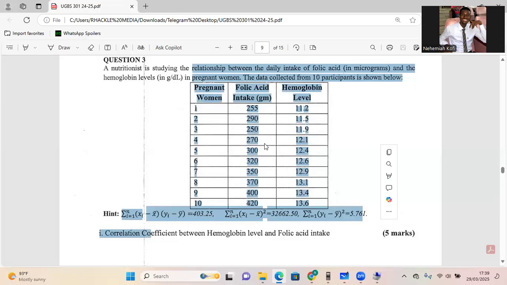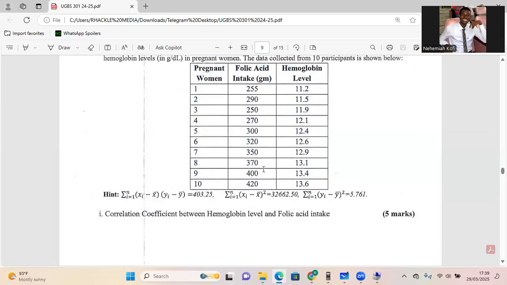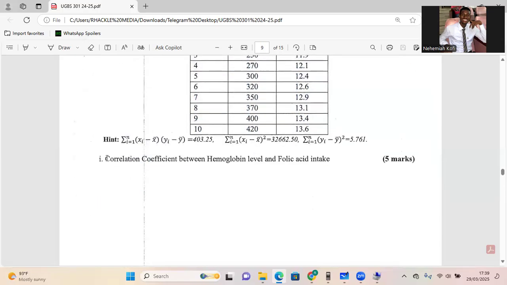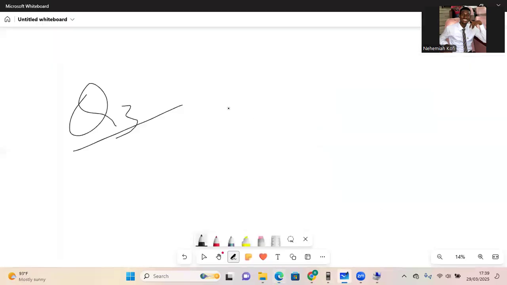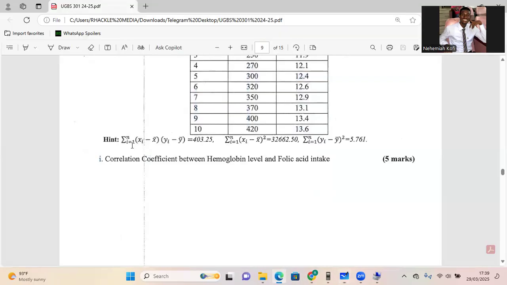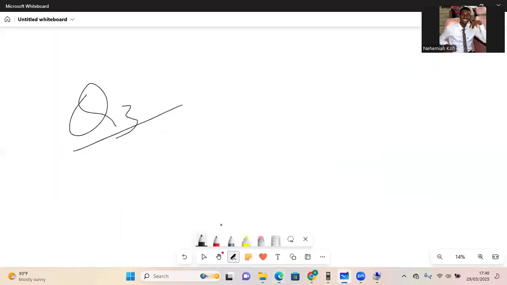So you won't actually need a calculator to do that, right? So what we are going to do is we take this one, the E and the summation of this, right? So this is it.